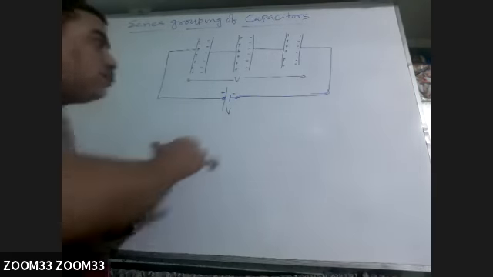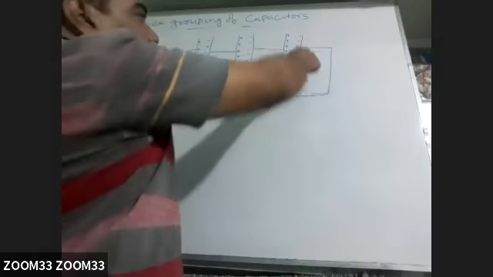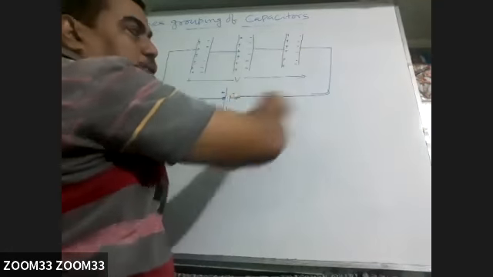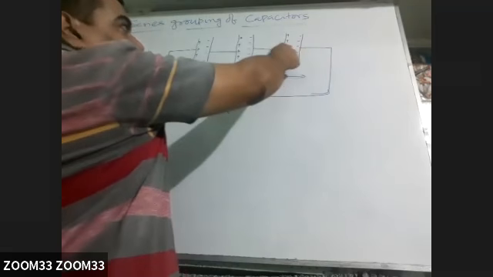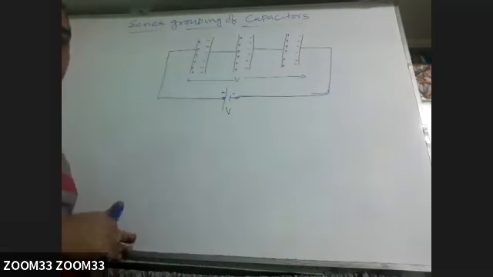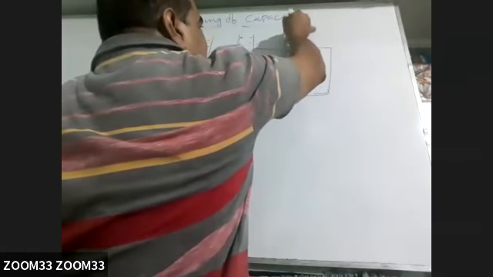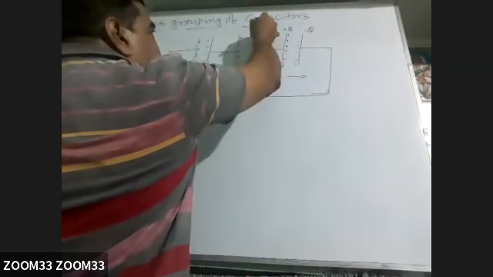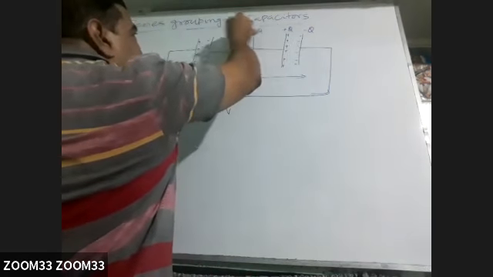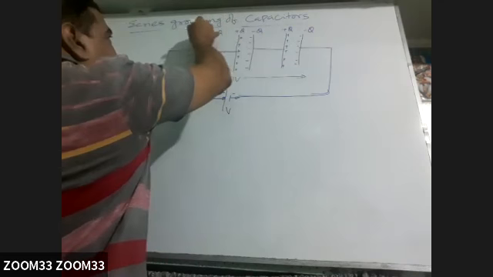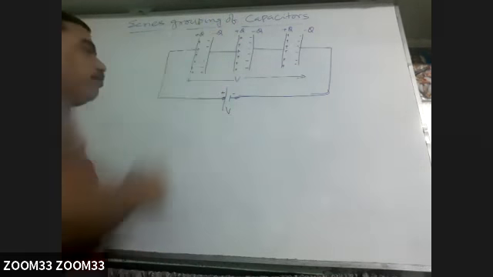In this case, whatever charge is given by the source cell here, the same amount of charge is everywhere. So this will be minus Q charge, this is plus Q charge, again this is minus Q charge, plus Q charge, minus Q charge, this is plus Q charge.